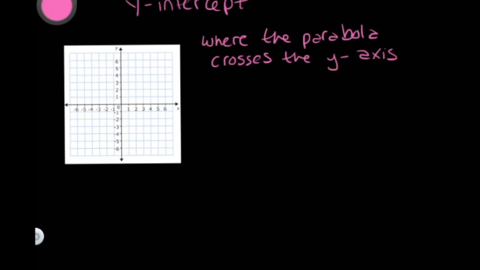So the coordinate will always have, well, the x will be 0 of this coordinate. So at the y-intercept, the x is always 0.